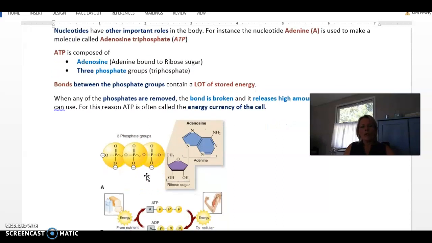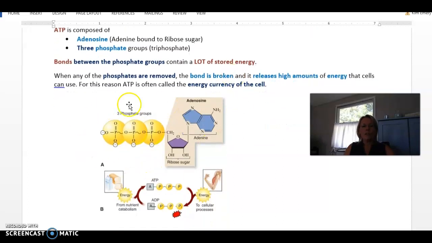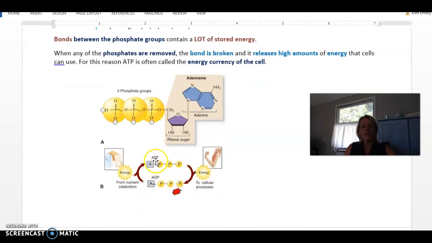And every cell in our body uses this molecule, this ATP molecule, when it needs energy. So what happens is, when a cell needs energy, one of these phosphate groups is broken off from the ATP. And when that happens, as you know, when bonds break, they release energy. And this energy gets captured by the cell in order to allow a cell to do some kind of process.